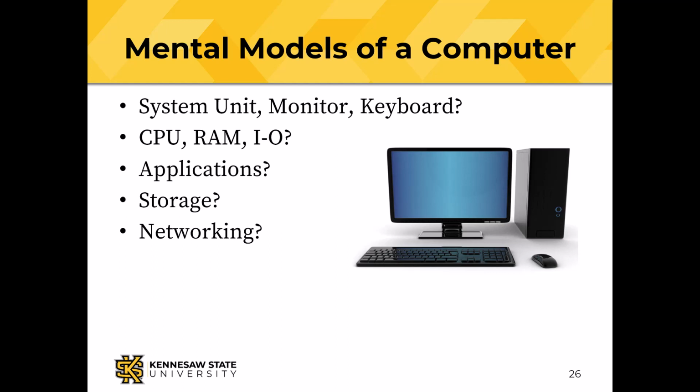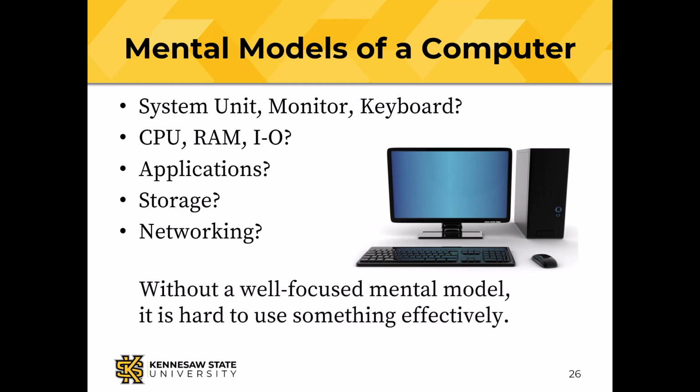And we would use different mental models for different ways of thinking about a computer. If I'm worrying about storage, I probably don't have to worry about applications, but I might need to worry about how much storage I have and maybe about networking if I'm using storage on a distant computer. Without that well-focused mental model, it's hard to use anything effectively.